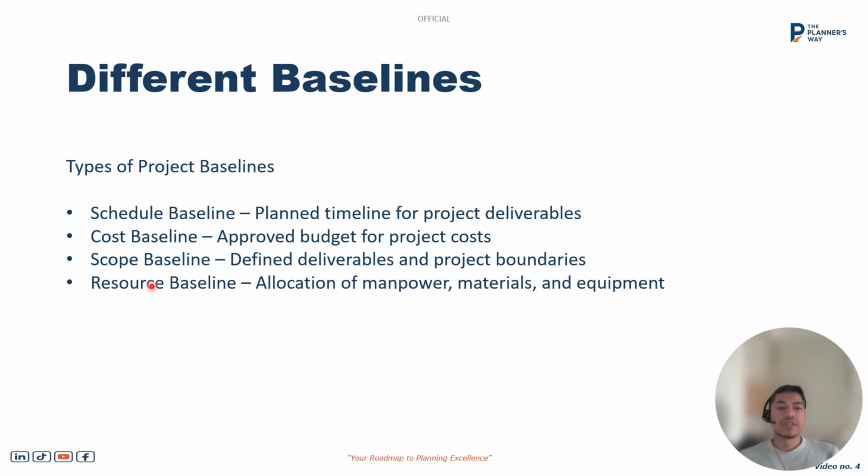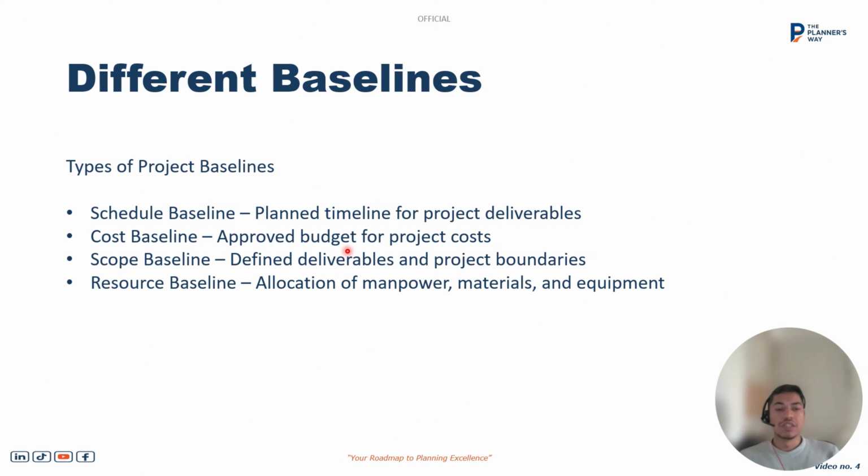What are the different types of baseline? Basically in a project we use the schedule baseline most of the time. The schedule baseline is the prime timeline of project deliverables, showing when we are going to achieve them. We have one clear roadmap which we call the schedule baseline. For cost, it's the approved budget, which is the overall cost of the project.